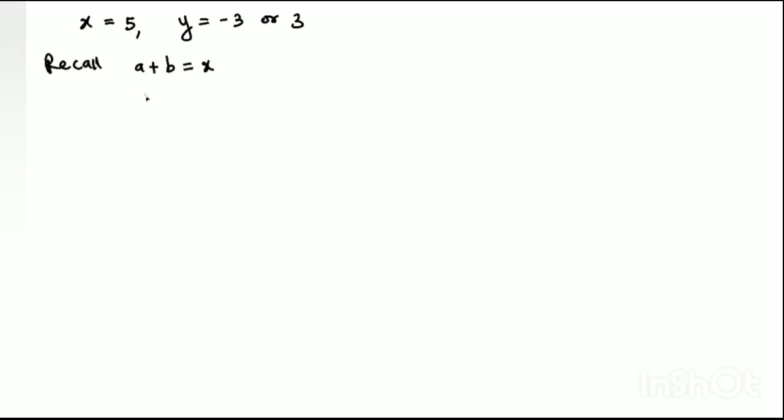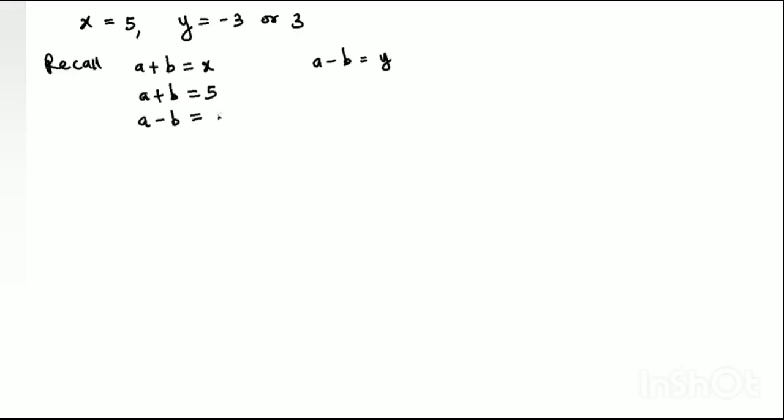So I will have that a plus b is equal to 5, and as we know that a minus b is equal to y, so we can write as well that a minus b is equal to, let's use any of the values here, minus 3 or 3.